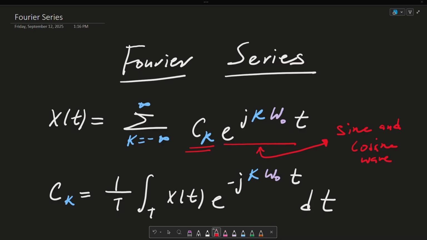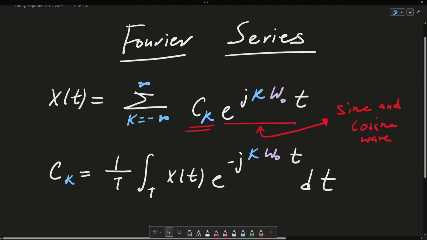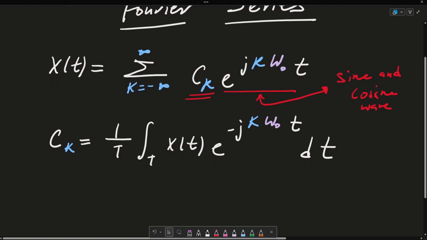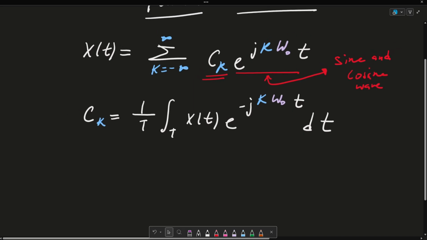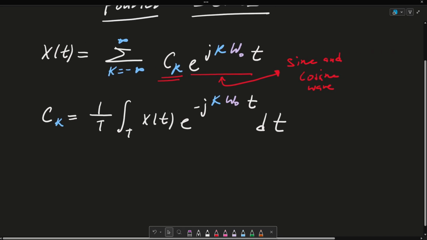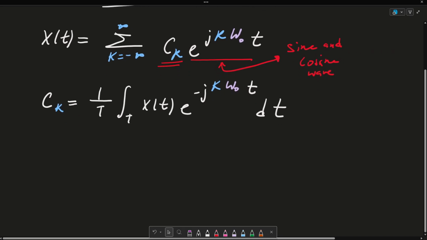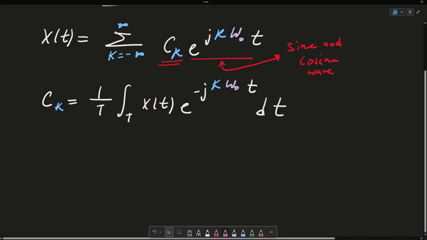Before we dive into solving equations, we want to talk about a situation where the Fourier series can be used, to give an intro to why it is useful and why we need it and where we use it. So imagine a situation where you have a light bulb.